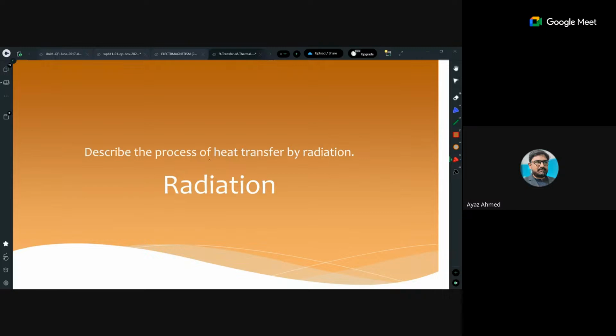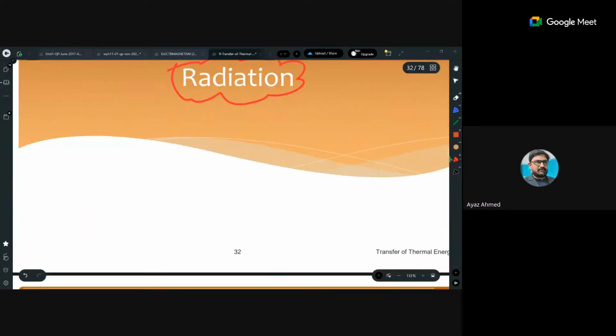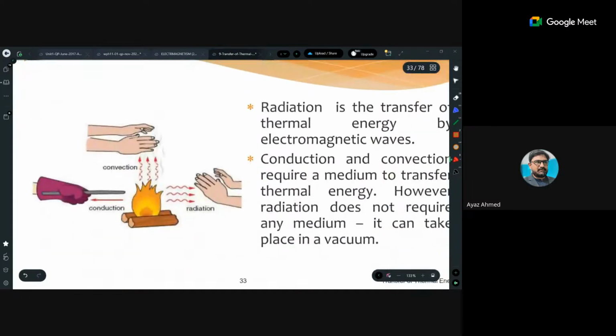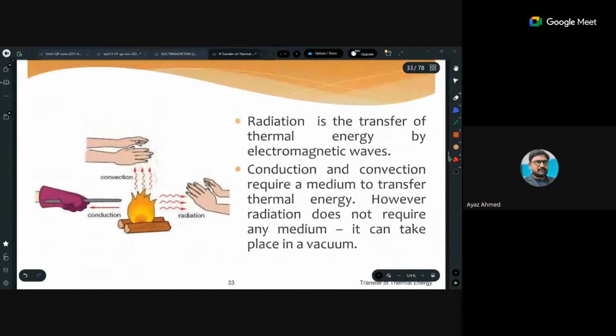Describe the process of heat transferred by radiation. So radiation is a process through which heat transfers in the form of waves. Radiation is the method of energy transfer in which heat is transferred through waves. Check this one out.